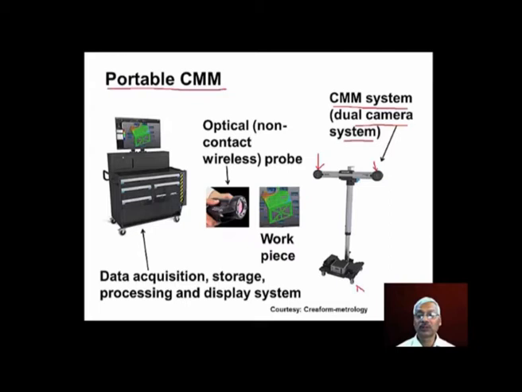It can be moved to the place where the huge workpiece is placed, and then installed near the workpiece. And then we have an optical probe. This is a non-contact type probe, a wireless probe. This probe we have to move around the workpiece.